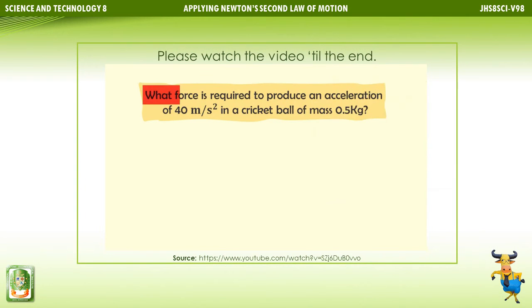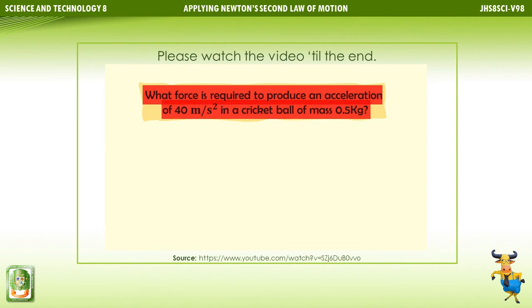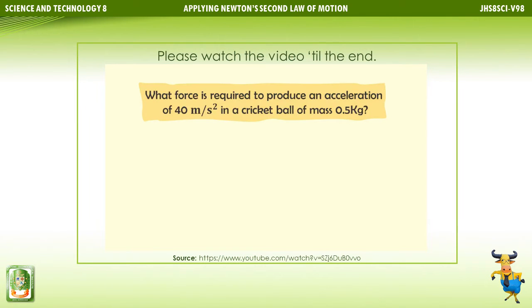What force is required to produce an acceleration of 40 meter per second squared in a cricket ball of mass 0.5 kg? Now let me highlight the given data and the problem.